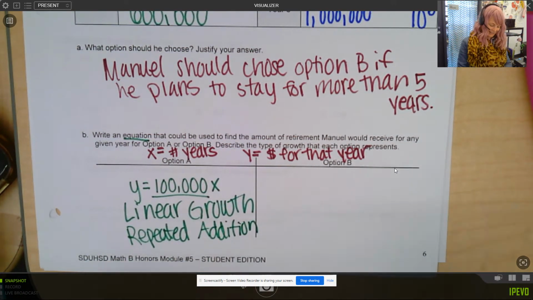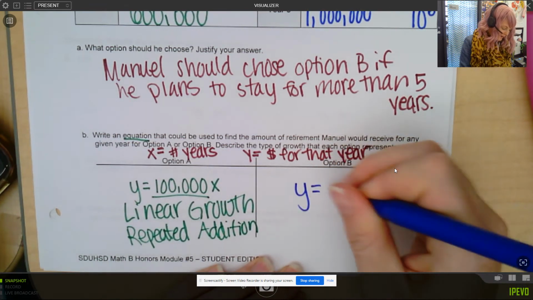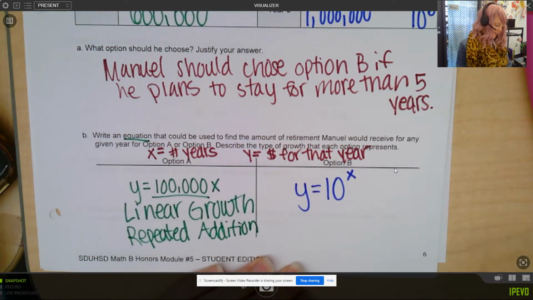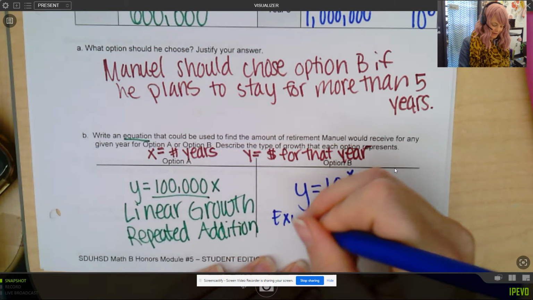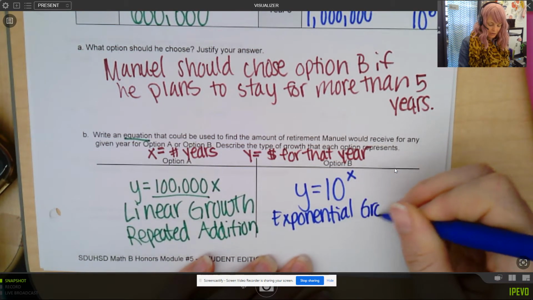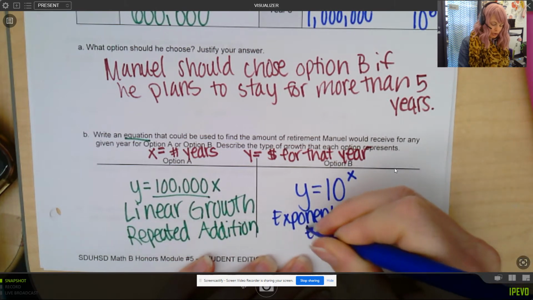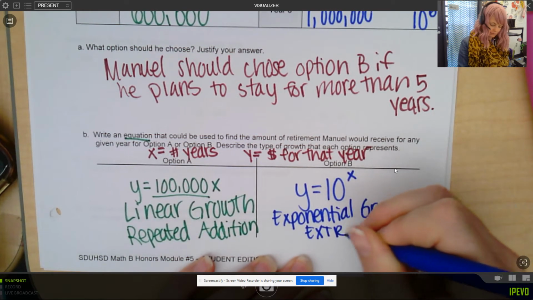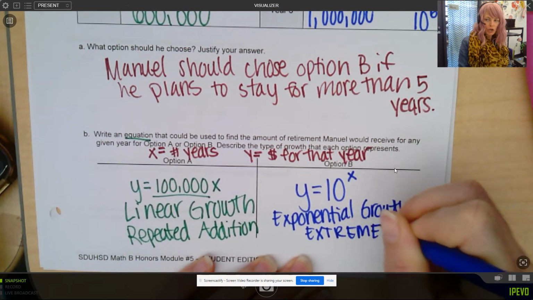However, option B is y equals 10 to the x power. And this, my friends, is exponential growth, which we also call extreme growth. You got to say it like that, extreme.